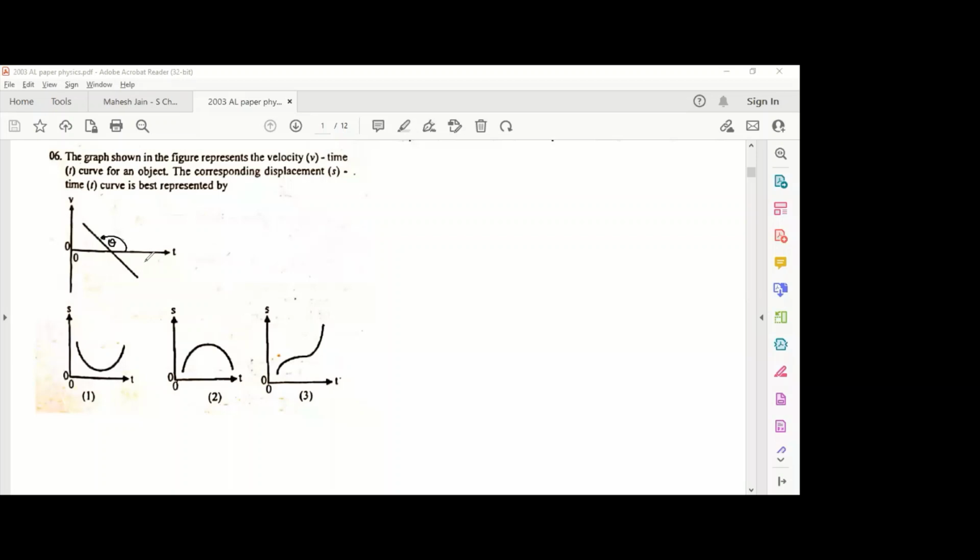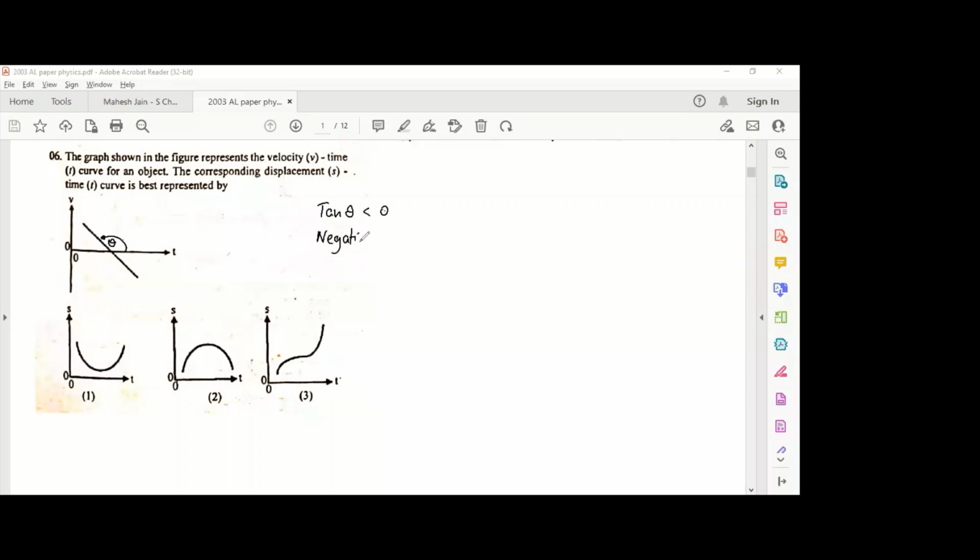So you can see that the angle made with the x-axis and the tangent drawn to the graph in this question is constant, right? It's a constant angle, and it's an obtuse angle. So this tan theta value is negative. So it's a negative gradient. So what we have here is a negative constant gradient, right?